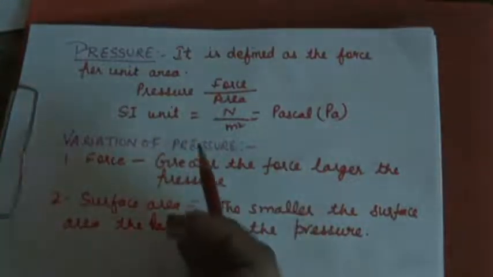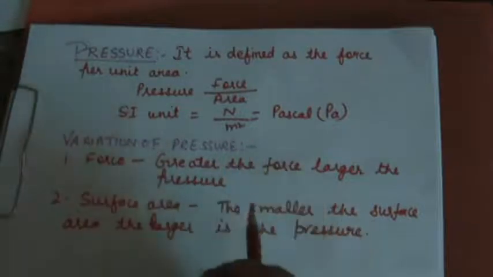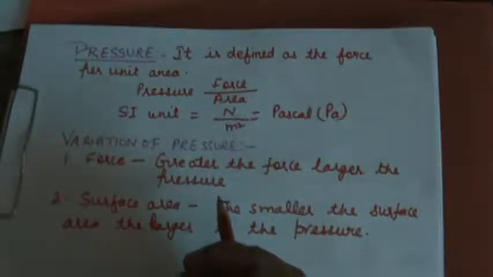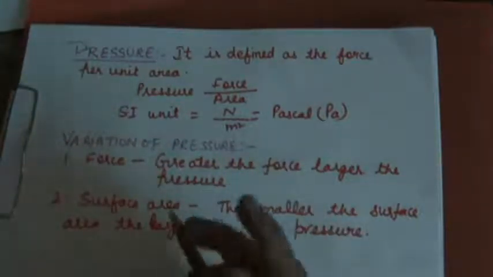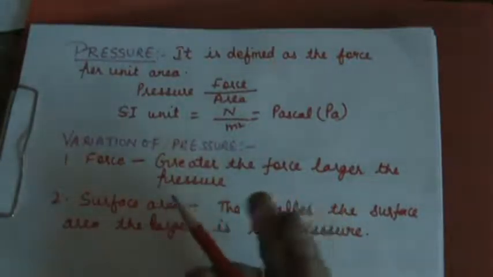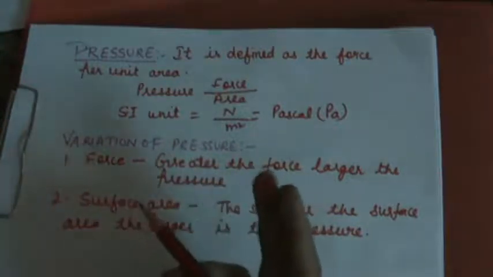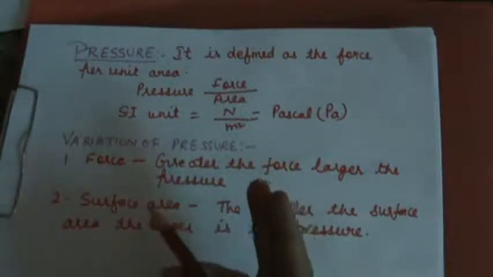The effect produced on an object depends on two factors. One is the magnitude of the force, meaning how much force is applied, and the second is the area over which the force is applied.